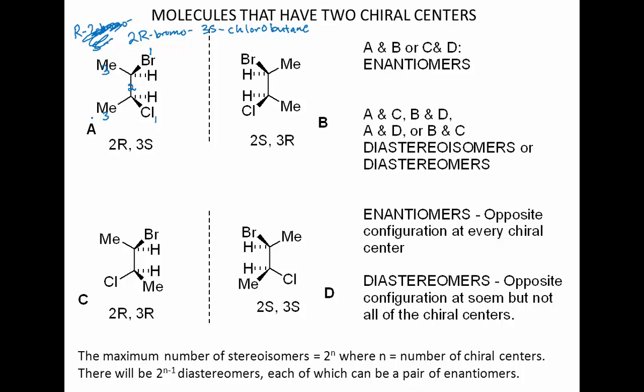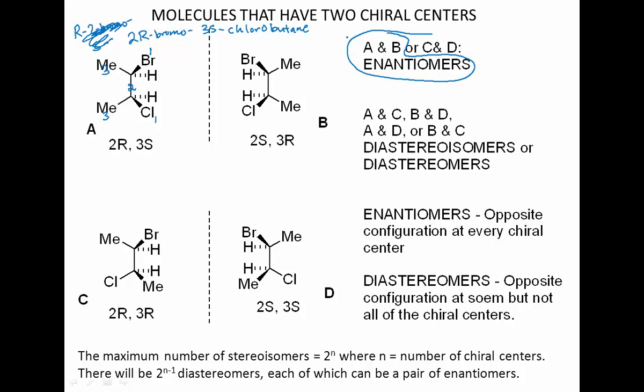In the mirror, A sees B. We say that A and B are mirror image isomers, and thus they're enantiomers.